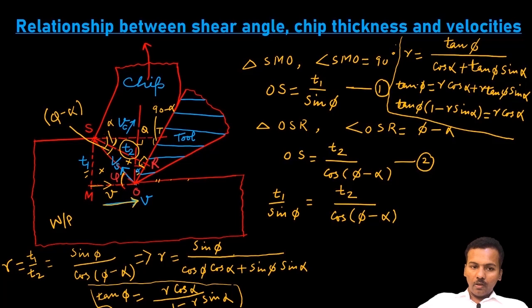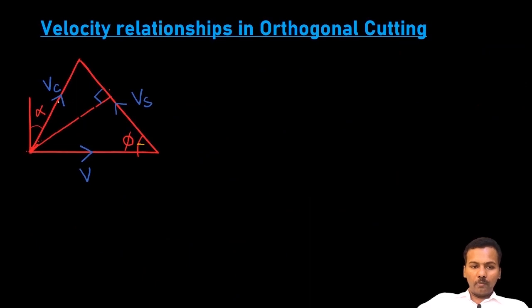That means at angle alpha, in this direction the chip is flowing, so that will be the chip velocity Vc. So now we have drawn this chip velocity. So we get the relationship between the three different velocities, which will be useful for further calculation in numerical problems.